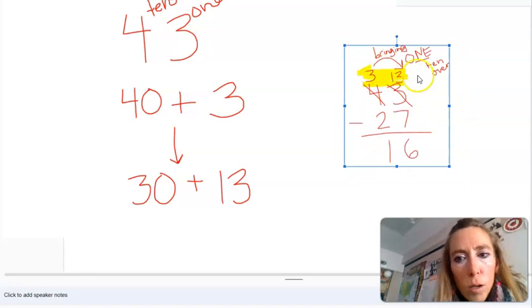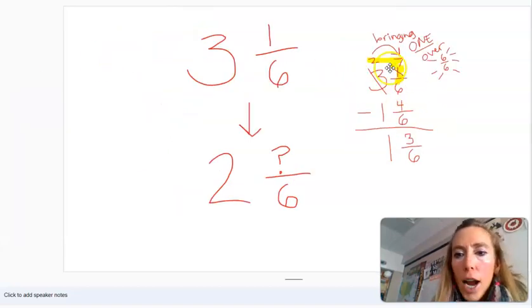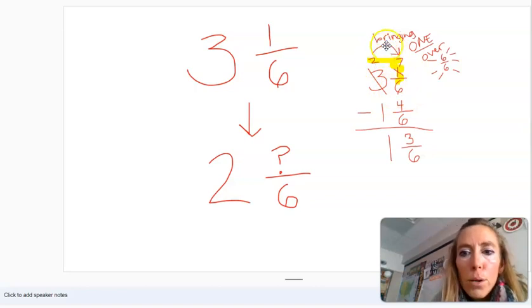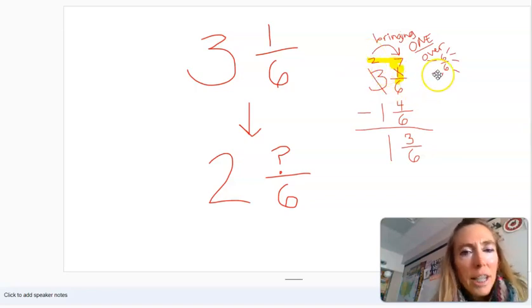But this one was worth a 10. It was one of the tens. That's why 3 became 13, because we added a 10 to it. If I go in the fraction mixed number, I'm bringing 1 over. Is that a 10? It's not. That's just a 1. That's just 1.